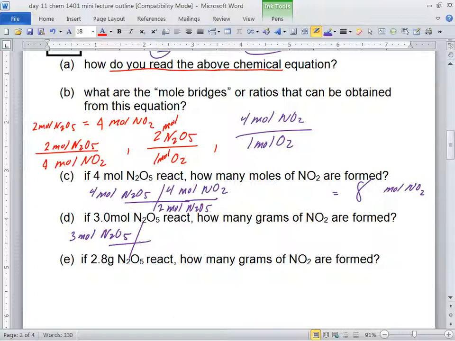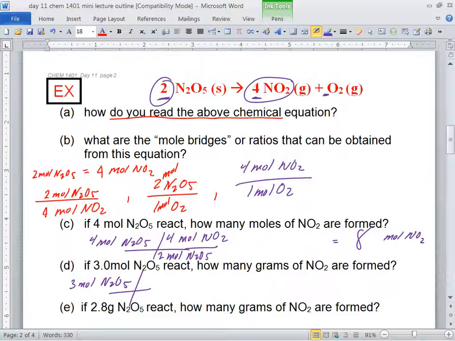And then, Stephanie, what would you do next? Use the mole bridge. Which mole bridge would you use? The 2 moles of N2O5. That has to go on the bottom. Good. See how she's making those units cancel? Then on top you're going to put 4 moles of NO2 because you want to end up in NO2 in the end. Perfect.